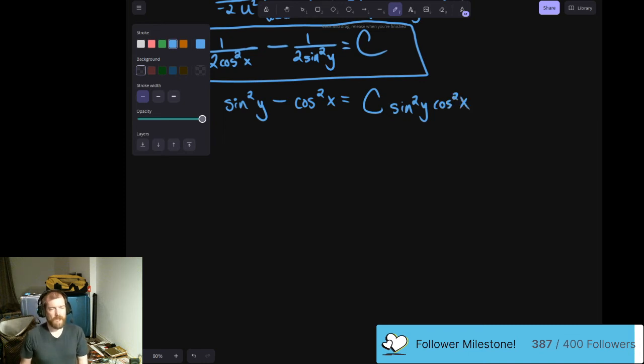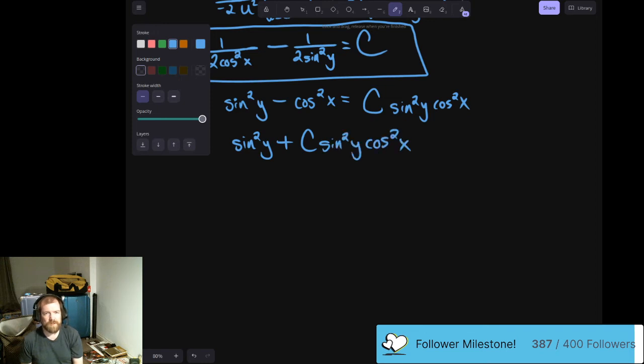And then with that we're going to take both of our sine terms and move them together. So sine squared y minus c sine squared y cosine squared x is equal to cosine squared x.